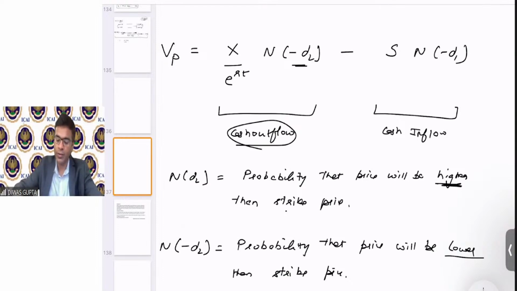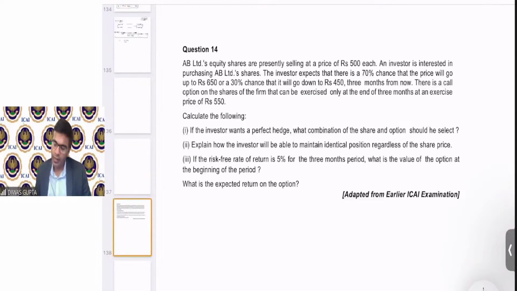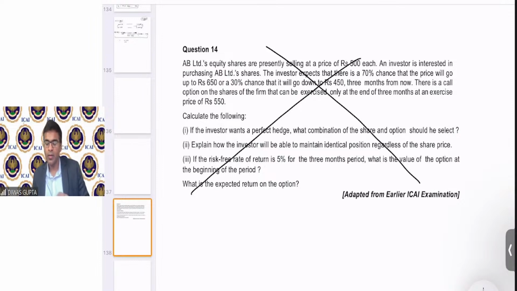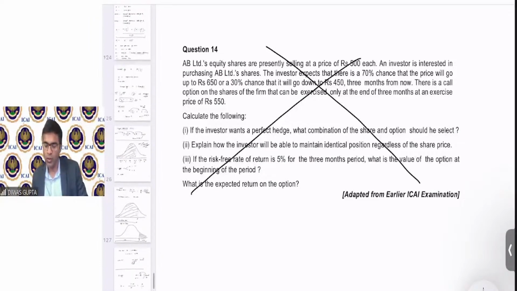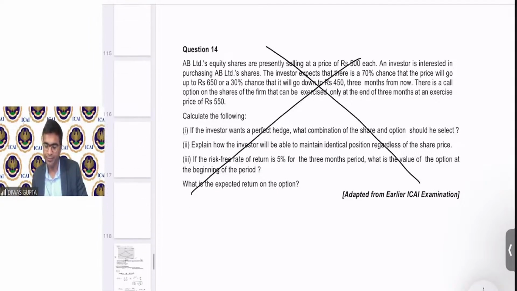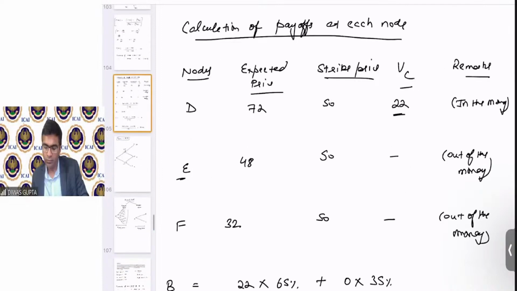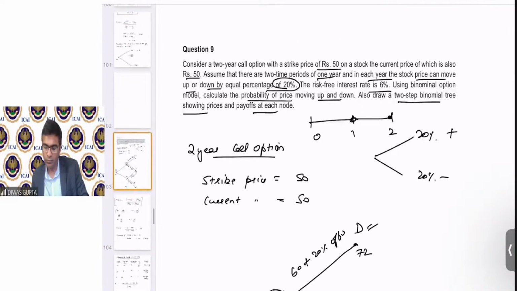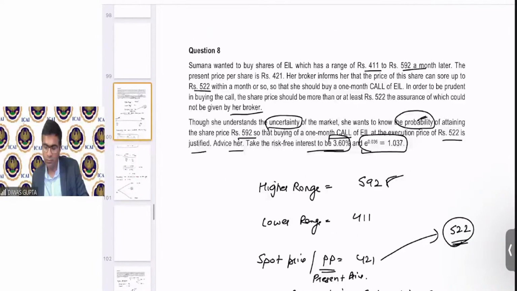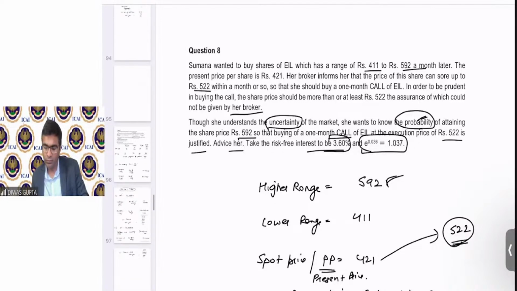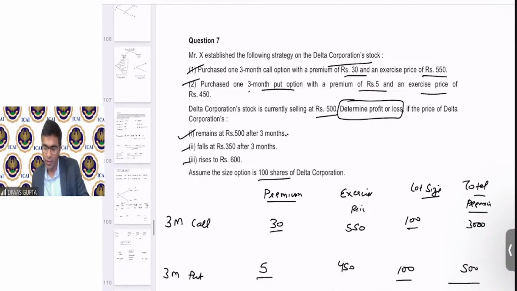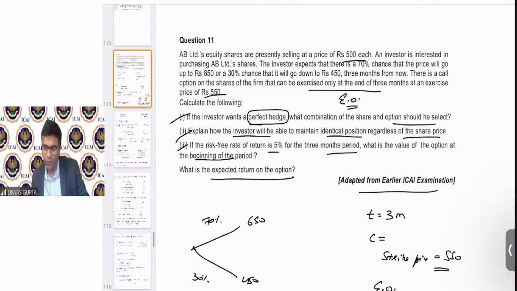Okay, let's move ahead, students. I think by mistake this 14th question has been repeated in the assignment. We have already covered this. I think this was question number 7, 8, 9, 10, maybe 11th question was it?